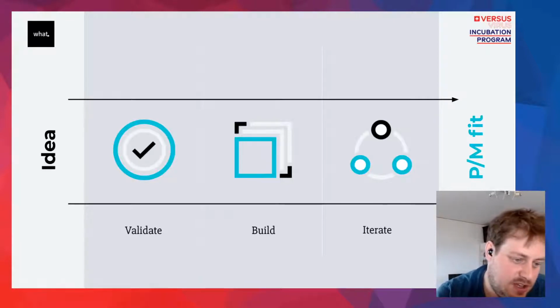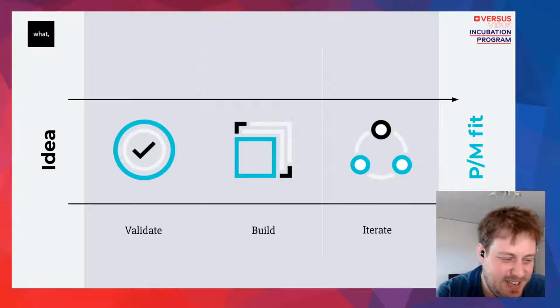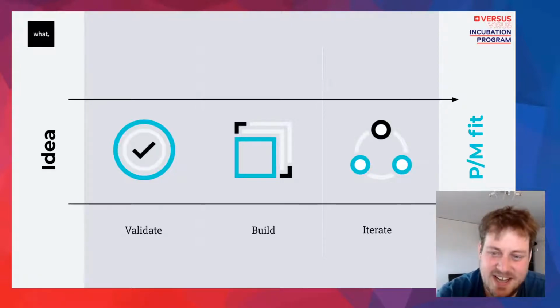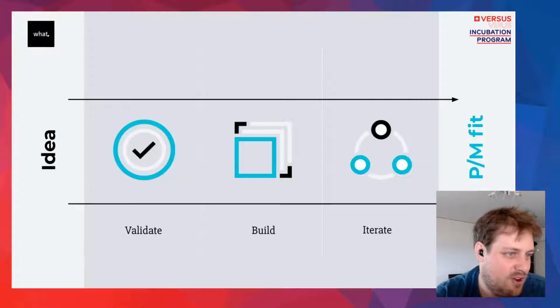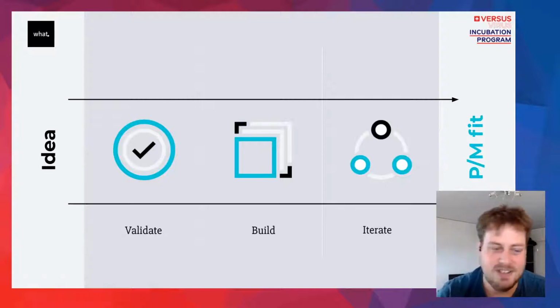So that's having the first version of the MVP built. And later on, you need to iterate because the first version of the product rarely survives contact with real customers. And you need to adjust it and fine tune it based on your learnings until you get to product market fit. And product market fit is this magical moment when your product starts scaling by itself, when you hit the moment where you're ready for growth.